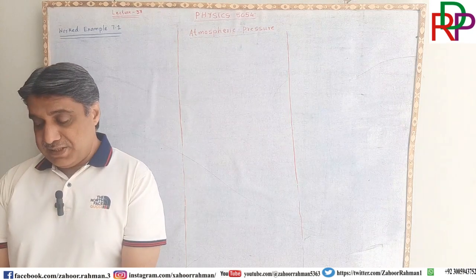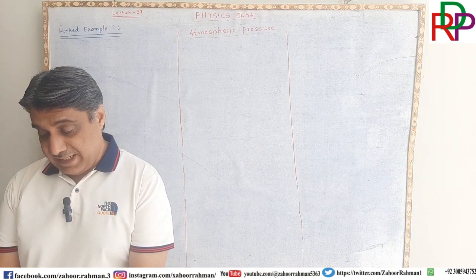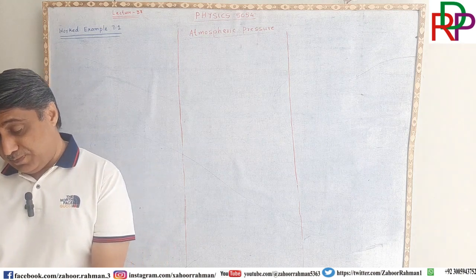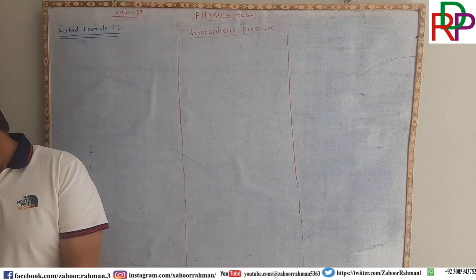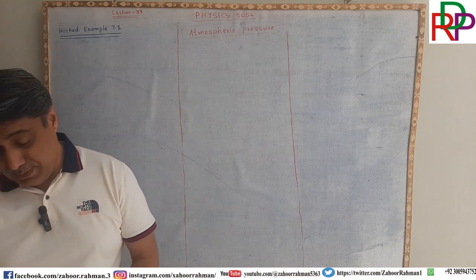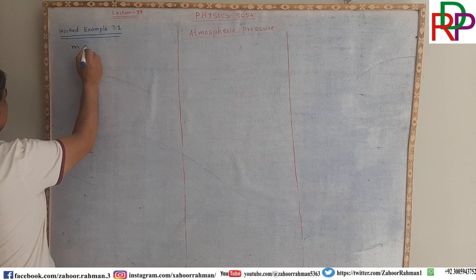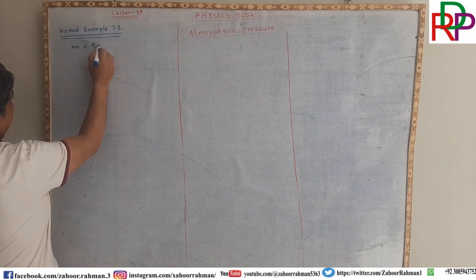Worked example 7.1 is saying: calculate the pressure under a girl's feet if her mass is 50 kilogram. Here M is given to us as 50 kilogram.